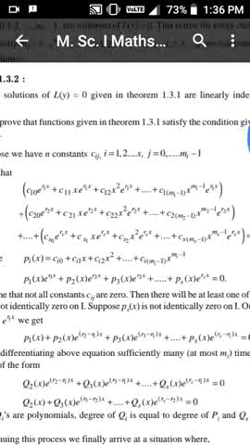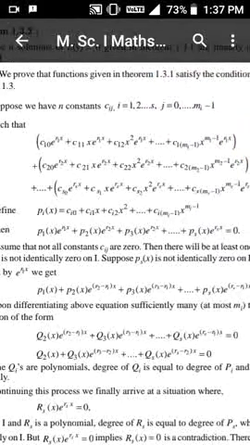Suppose we have n constants Cij, i is equal to 1, 2, 3, dot dot, s, j is equal to 0, 1, 2, dot dot, mi minus 1, such that C10 e raised to R1x plus C11 x e raised to R1x plus dot dot, and in this way pi of x is equal to Ci0 plus Ci1 x plus Ci2 x square plus dot dot plus Ci mi minus 1 x raised to mi minus 1.